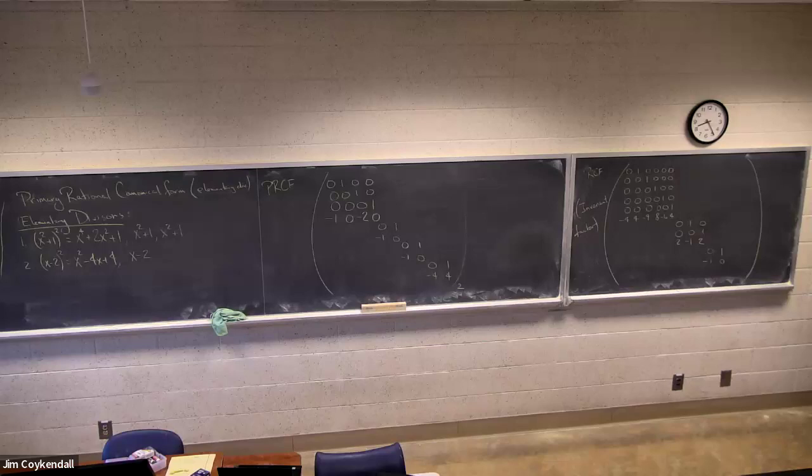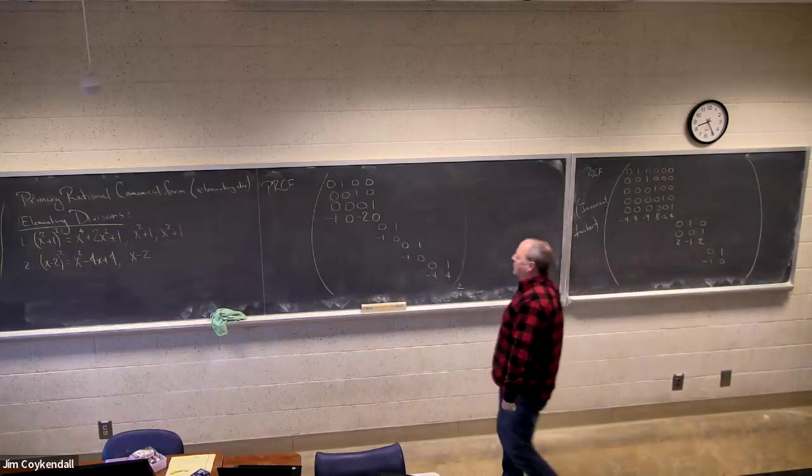So if I give you the invariant factors, you should be able to get the elementary divisors and vice versa, just like we did last time. And you should be able to do this. Let's take one more look here.